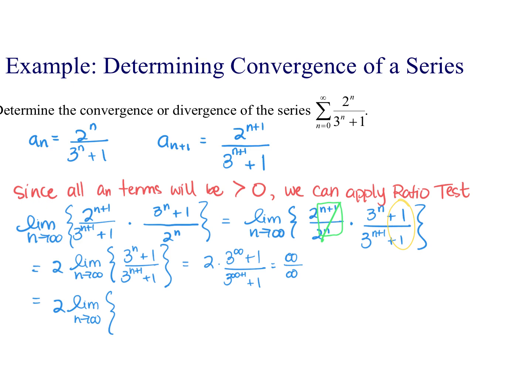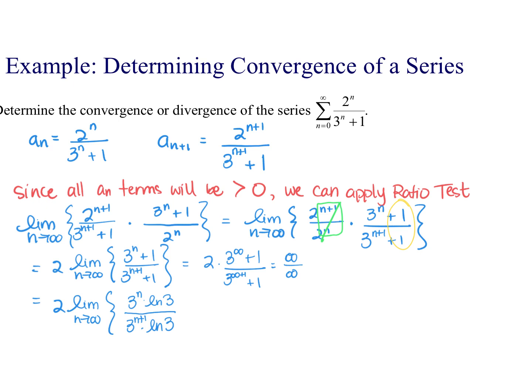L'Hopital says the derivative of 3 to the n is still 3 to the n times the natural log of 3. And the derivative of the plus 1 is 0. And then the derivative of this will be 3 to the n plus 1 times the natural log of 3, and then plus 0. This is now reducible because I just got rid of the plus 1's.